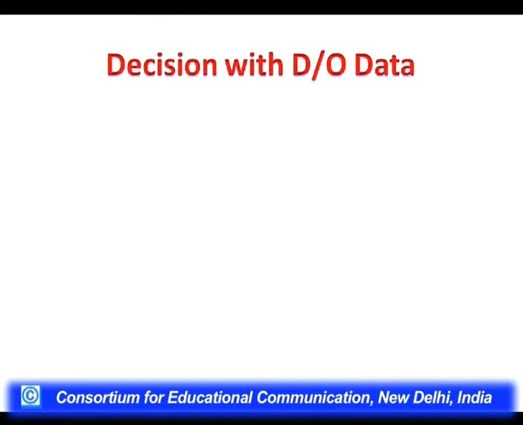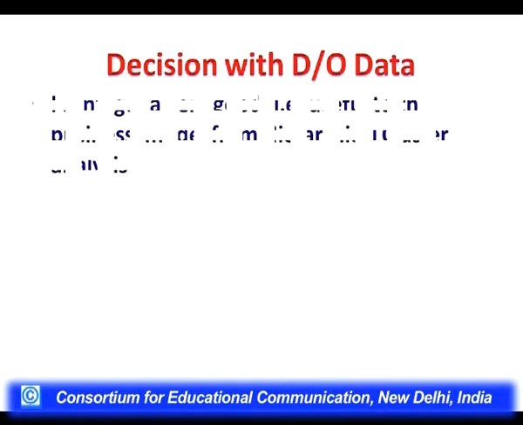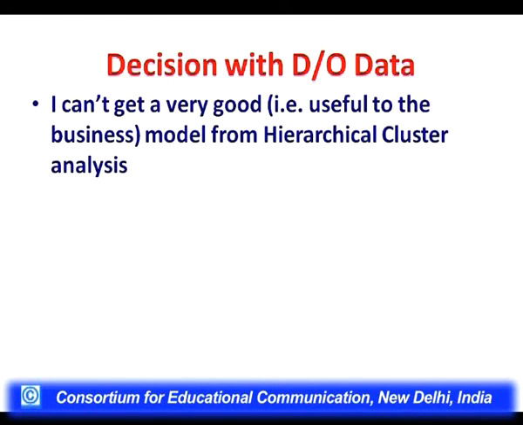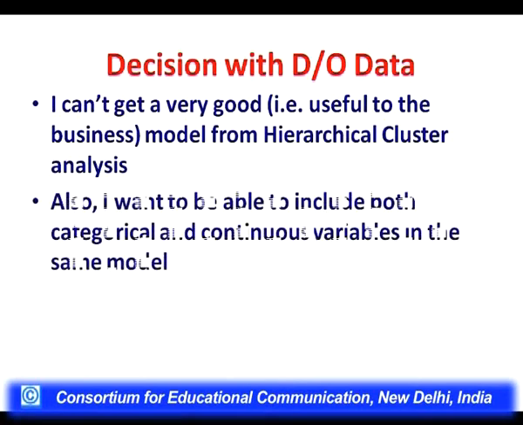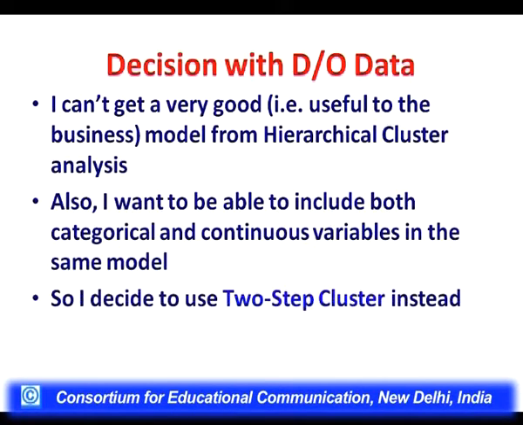Decisions with DO data, deodorant data now. I can't get anything very good, that is useful to the business model, from hierarchical cluster analysis. Also, I want to be able to include both categorical and continuous variables in the same model, and so I decide to use two-step cluster instead.